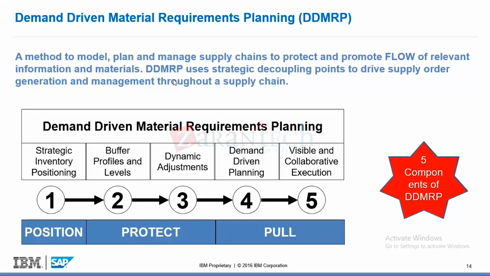That means they will be excluded from the MRP procedure and we will have buffer profiles. We have to calculate a buffer level for this. That is called the strategic inventory position and strategic decoupling. Then we have to do a dynamic adjustment, do the planning run and see the width of the different zones, the 3 buffer zones.